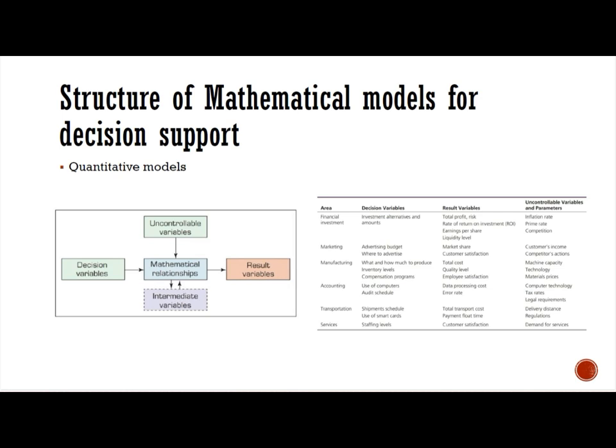Structure of mathematical models for decision support. All quantitative models are typically made of 4 basic components. Decision variables, uncontrollable variables, and intermediate variables all go into a mathematical relationship and we get our results.